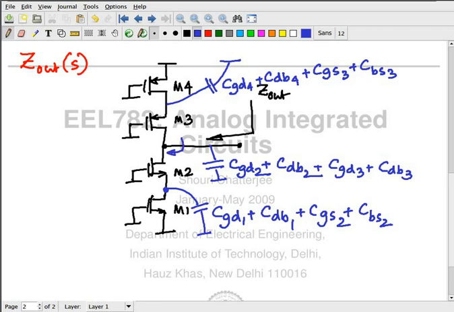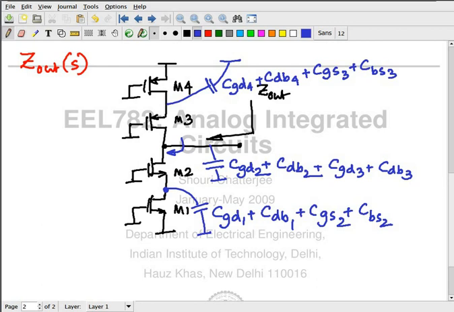Beyond the capacitor, if you look downwards, you will see GM2 times RDS2 times the impedance that is at the bottom. Okay, so that impedance is the combined effect of RDS1 and all the rest, the capacitance.